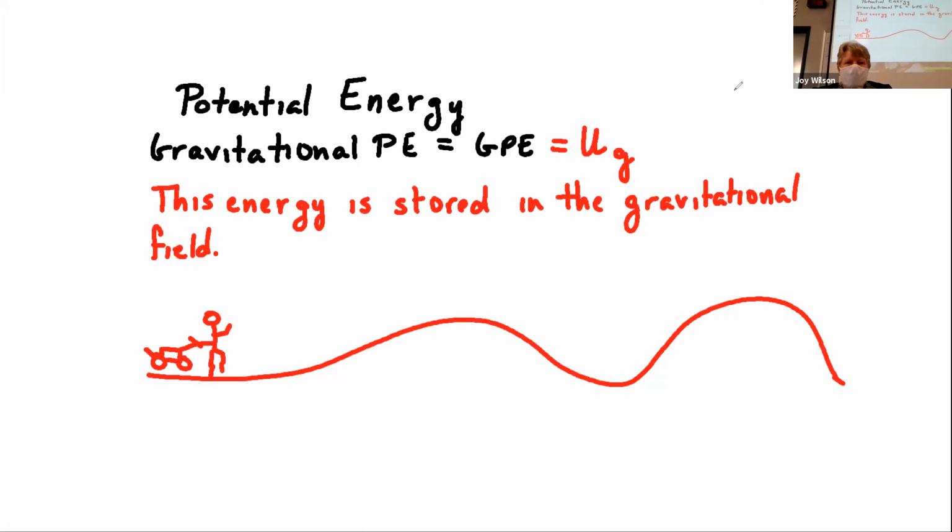When we talk about gravitational potential energy, just to refresh, you get to pick what you call the zero height. So you get to pick where we're going to measure height from. Most of the time, what we want to do is put the height equals 0 at the lowest point.